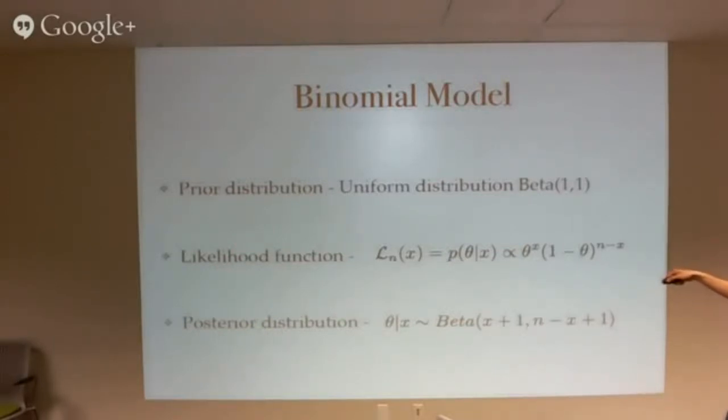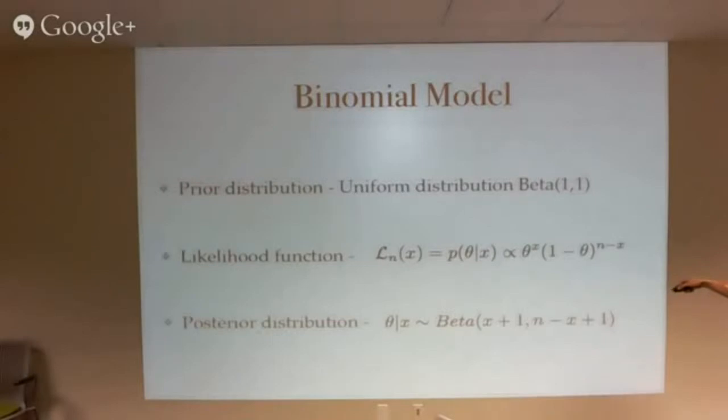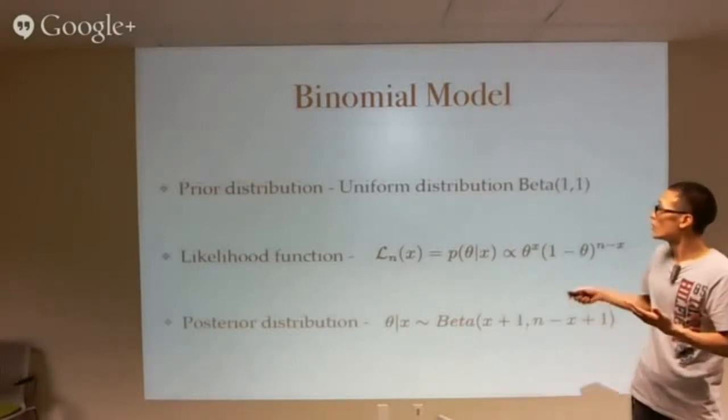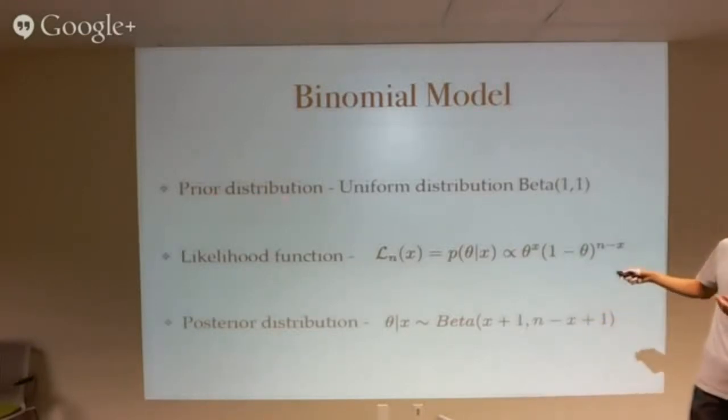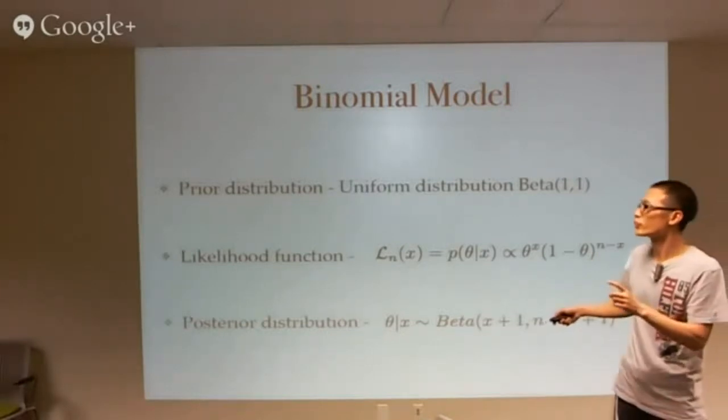So given x, the distribution of theta is beta with x plus 1 and m minus x plus 1. And this is also a beta distribution. So if the prior distribution and the posterior distribution are the same distribution, we can call this a conjugate prior.